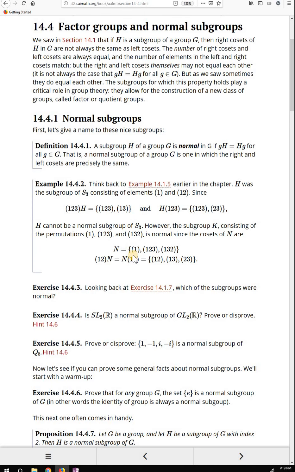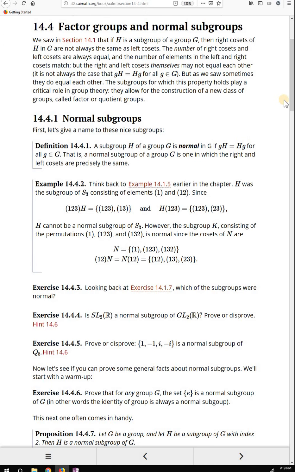And there's no guarantee that those cosets are the same. There's a special kind of subgroup called a normal subgroup that says that all left cosets are right cosets and vice versa. And this kind of subgroup is very important and has some special properties, and we'll get into that.